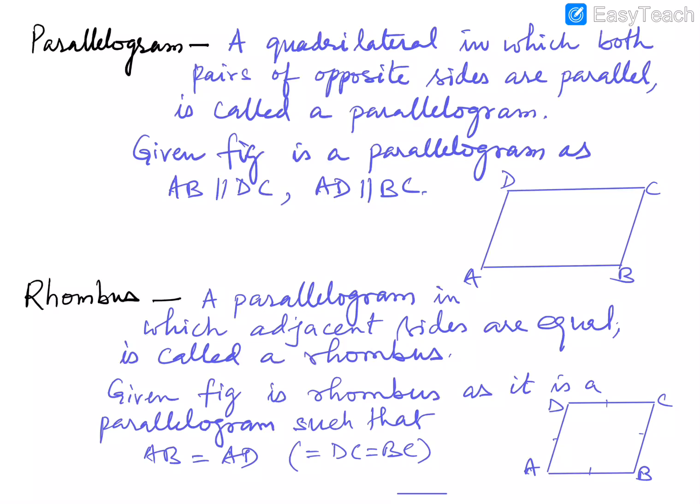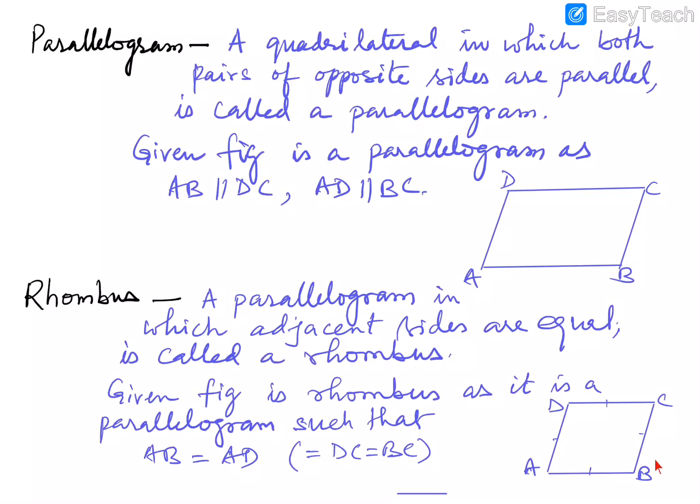Now rhombus, which is a parallelogram. A parallelogram in which adjacent sides are equal is called a rhombus. The given figure is a rhombus as it is a parallelogram such that AB is equal to AD.